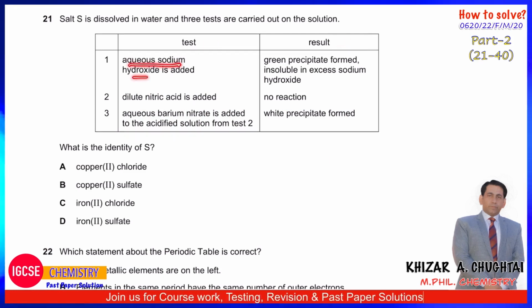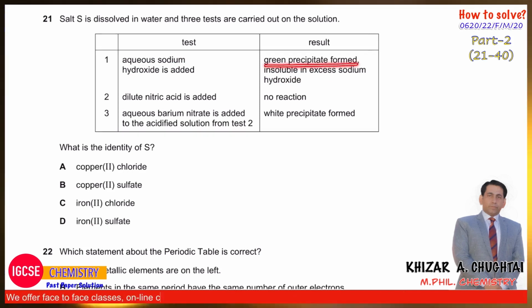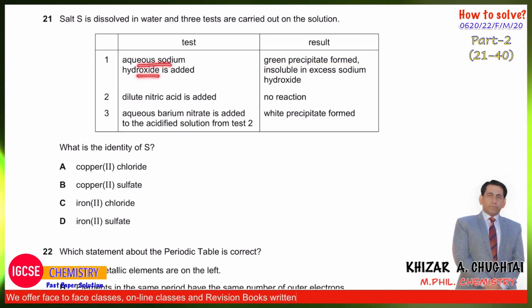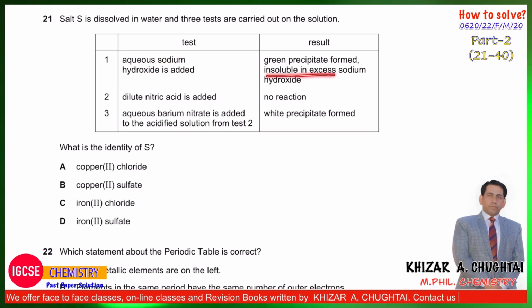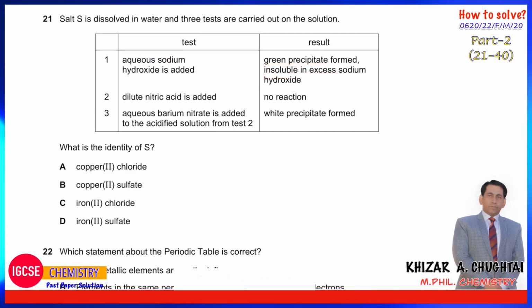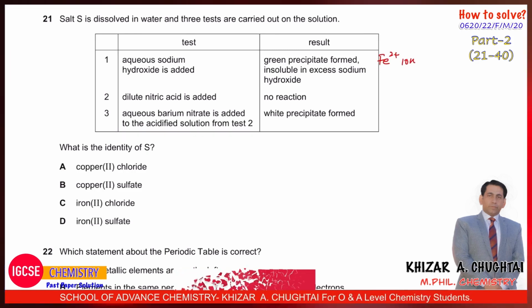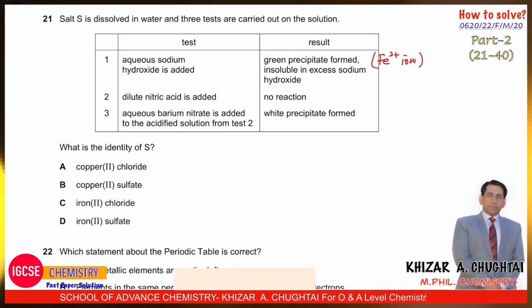Aqueous sodium hydroxide is added. A green precipitate forms, insoluble in excess of the sodium hydroxide. Green precipitates form on addition of sodium hydroxide and they are insoluble in excess, so it will be Fe2+ ion in that salt solution.